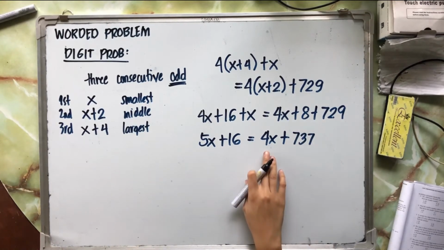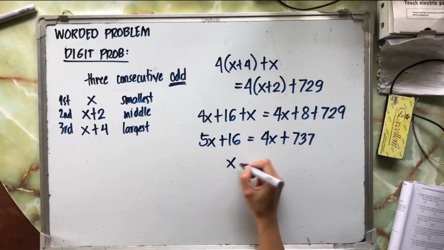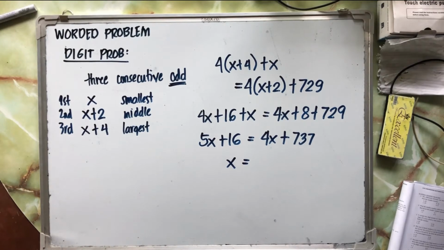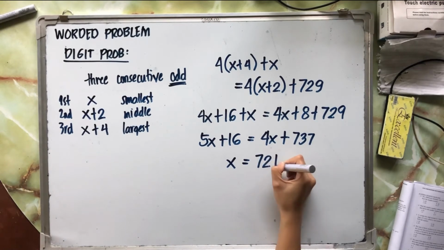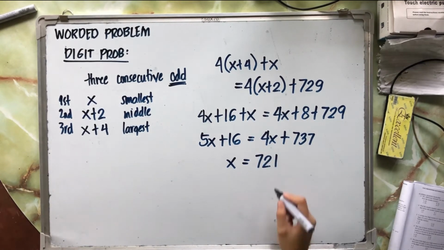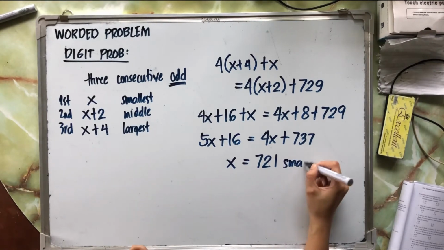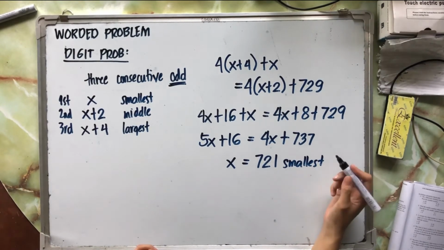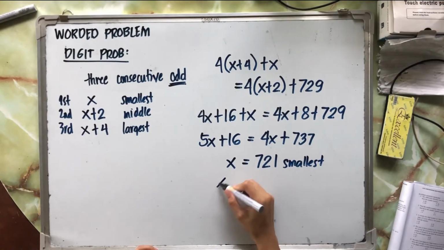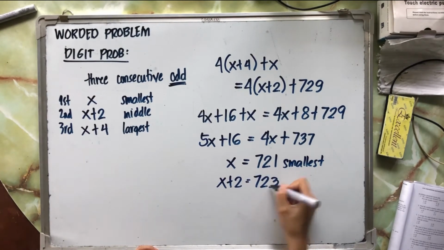Okay. Let's transpose to the other side. That would be 5x minus 4x, which gives us x is equal to 737 minus 16, which is 721. Okay? This is an odd number and this is the smallest odd number that we're looking for. The second or the middle number is x plus 2. That would be 723.